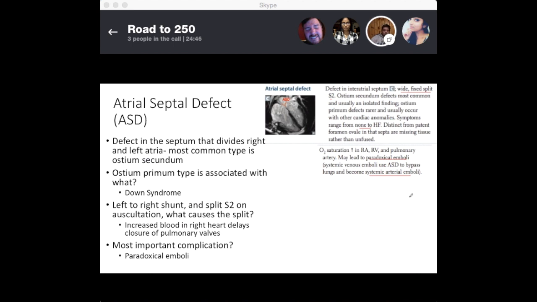So it can cause a stroke. Actually, I've had a family member who has this exact defect, and she got a stroke because an emboli crossed and went to her brain. So with ASD, it's very important to keep that in mind.